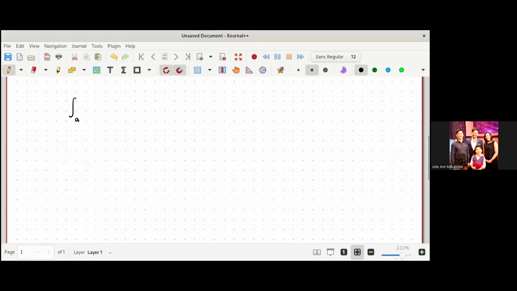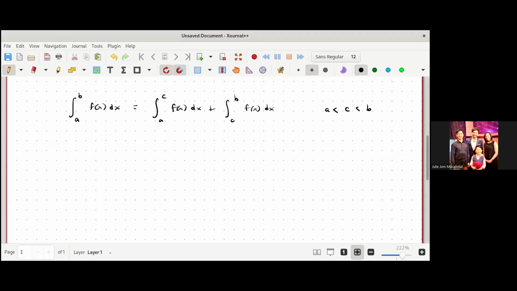If you're integrating from A to B, this is going to be equal to the integral from A to C plus C to B, f of x dx, when A is less than C is less than B. That's one theorem na pwede.